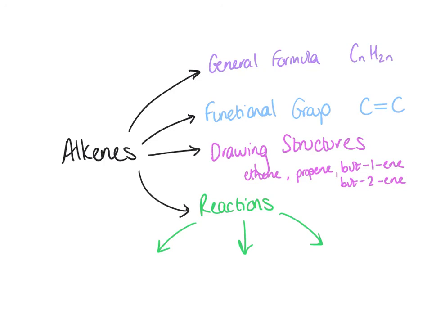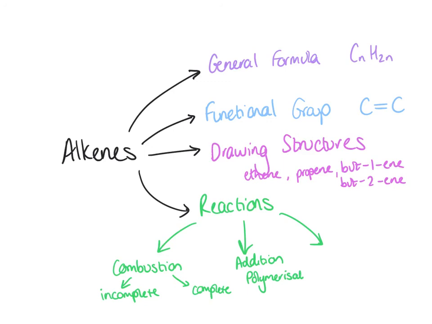And then you need to be able to recall reactions of alkenes and describe these. So first of all, we looked at combustion, and with that you must have learnt your products for incomplete combustion being carbon monoxide and water, and for complete combustion being carbon dioxide and water. We then looked at addition polymerization. Make sure within that you know the definition of a monomer, of a polymer, and to be able to describe the process of addition polymerization.